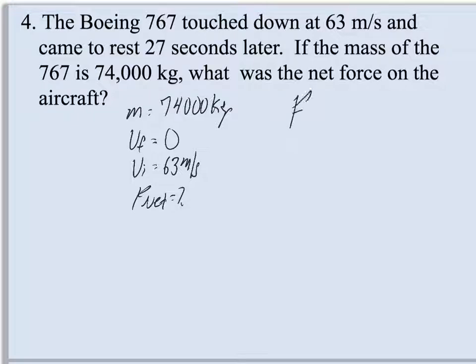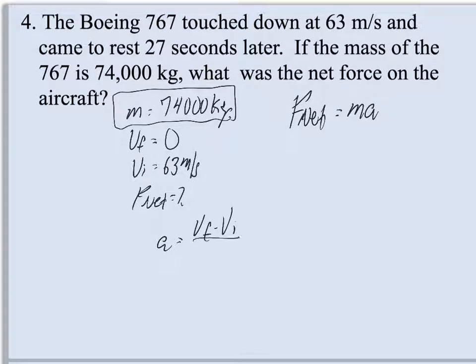Well, we know net force equals the mass times the acceleration. And we have a mass given, but we don't have an acceleration given. But I do know that acceleration is equal to VF minus VI over t.